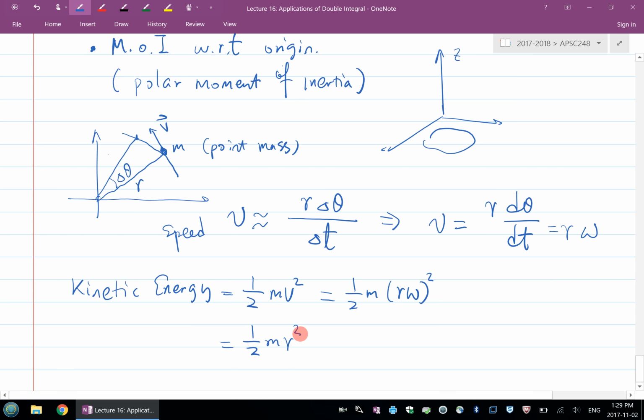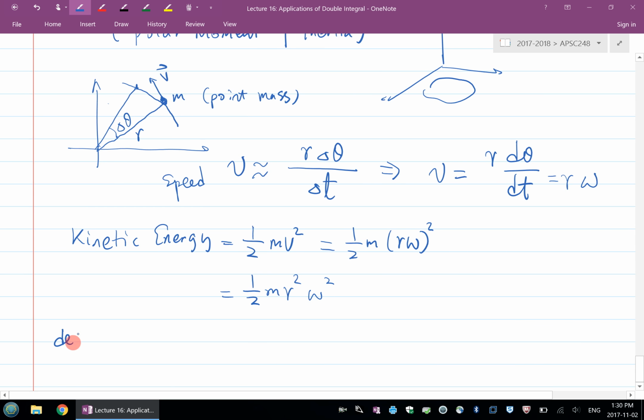I'll group this r with m and single out omega squared. So your kinetic energy has an alternative writing: instead of 1/2 m v squared, it's 1/2 m r squared times omega squared. Now I will define a quantity for this m r squared, I naught. Then the kinetic energy equals 1/2 I naught times omega squared.